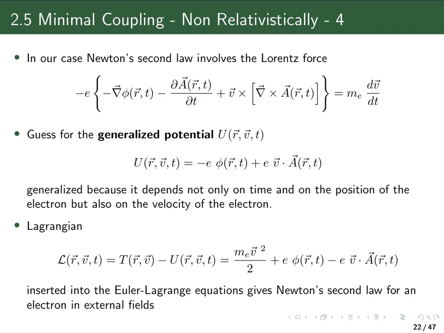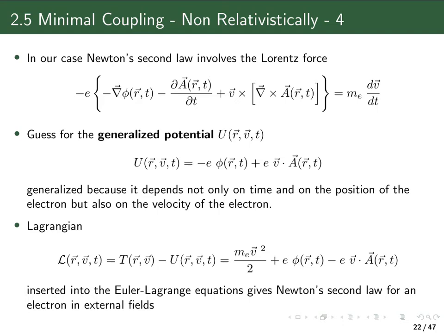So we have to guess now a generalized potential which, inserted in the Euler-Lagrange equations, gives us Newton's second law's equation back. And of course, here we also have three equations because the velocity vector has three components, x, y, and z.